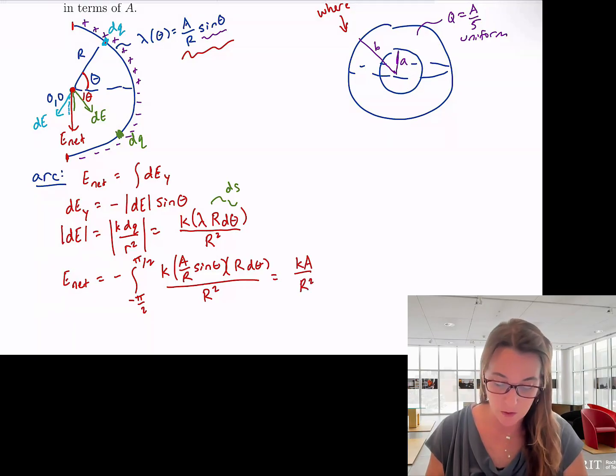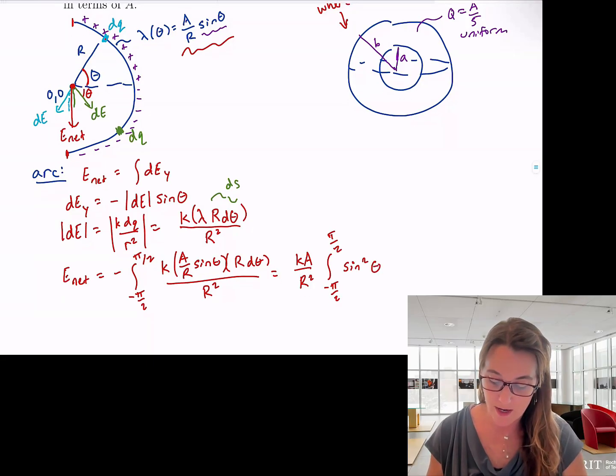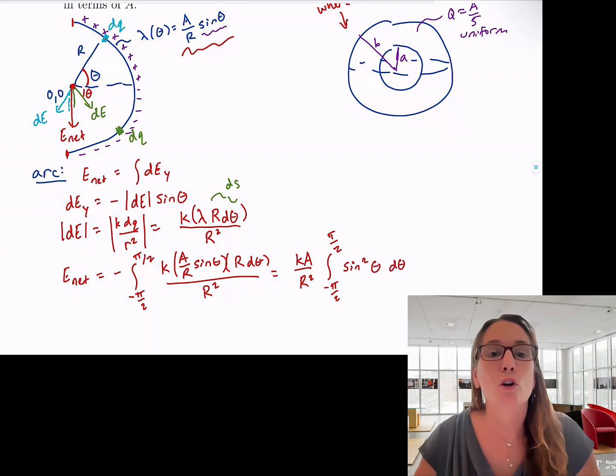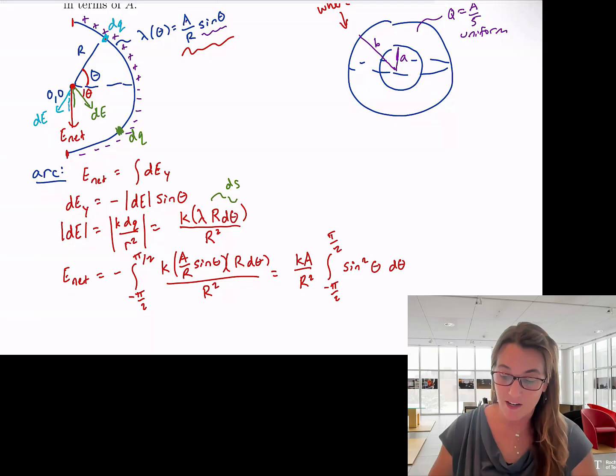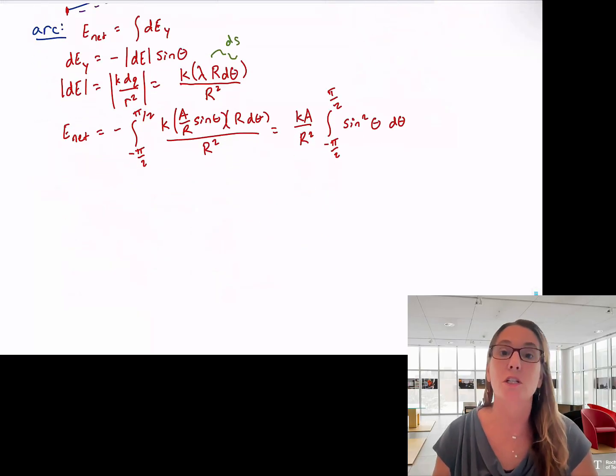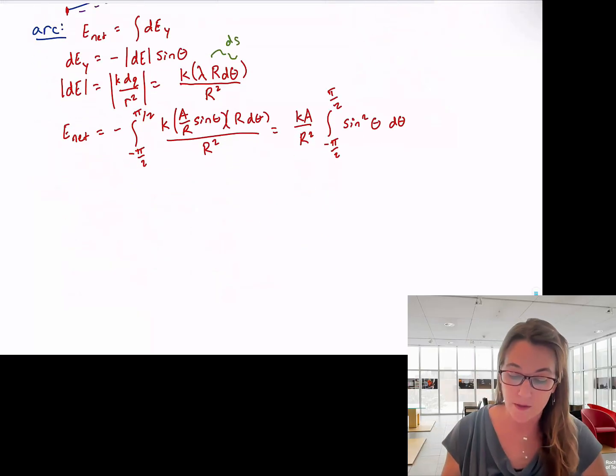is going to equal the integral from negative pi over 2 to pi over 2 of sine squared theta d theta. So sine squared theta can be done as an integral, and we are just going to take the result as a given.